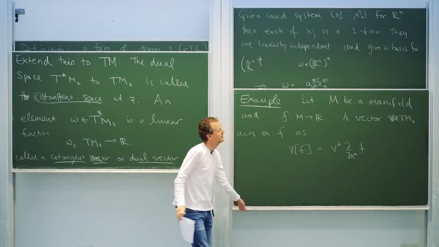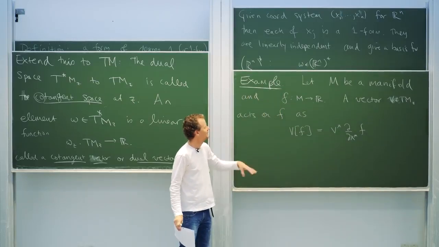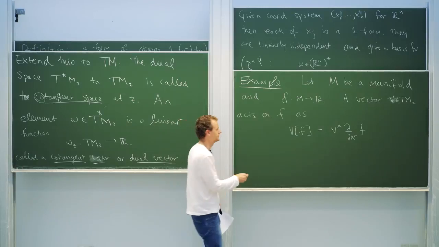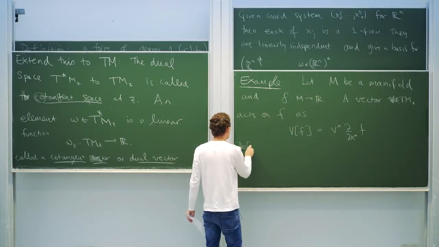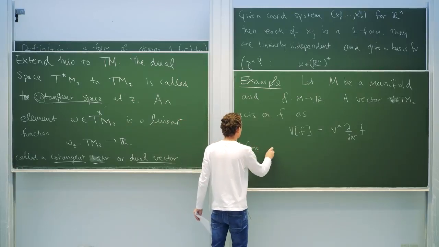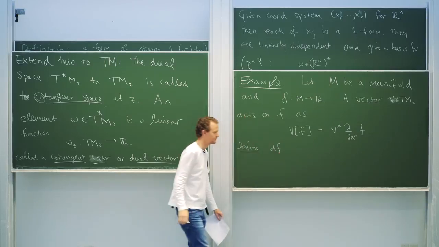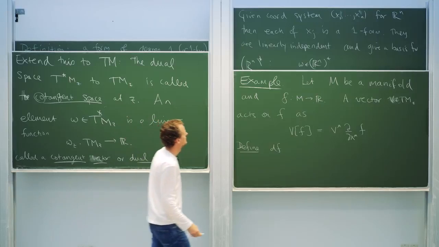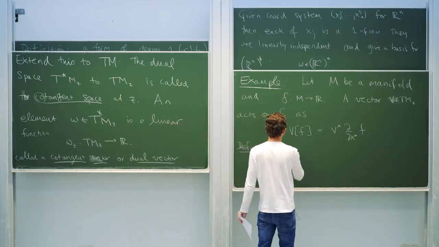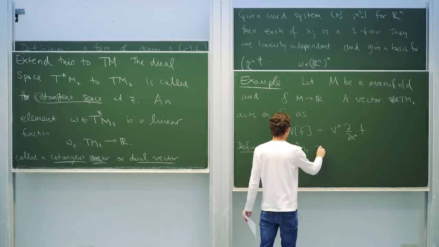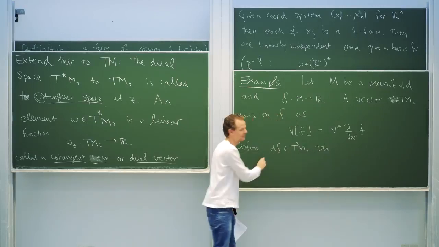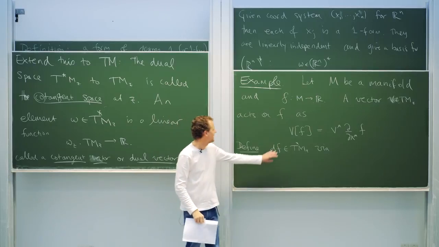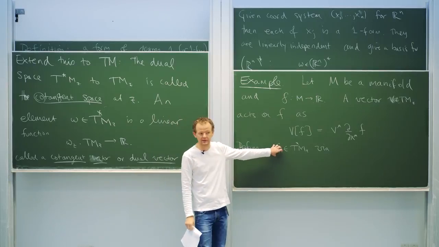Now what I'm going to do is define a linear function on vectors. So we're going to use the symbol df for this cotangent vector. I mean, you've done many variable calculus. df has a certain meaning to you already.